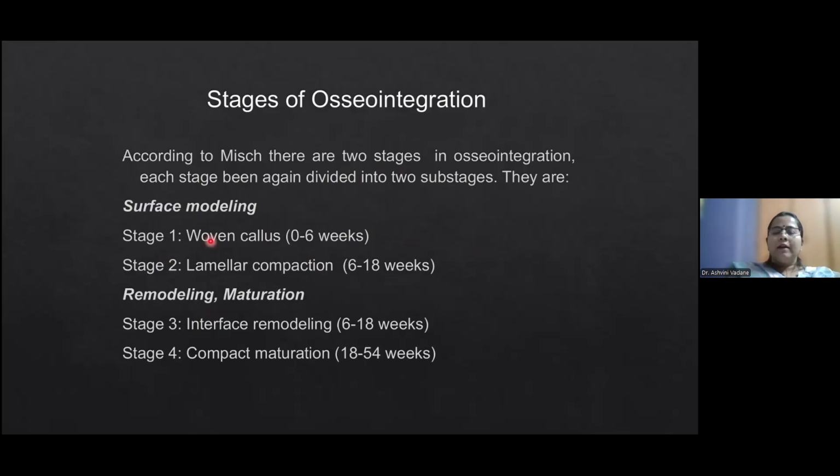Surface modeling is divided as: the first one is the woven callus, seen at 0 to 6 weeks, then lamellar compaction at 6 to 18 weeks. Then comes remodeling, in which the interface remodeling is at 6 to 18 weeks, and then stage 4, compact maturation, which is seen at 18 to 54 weeks.